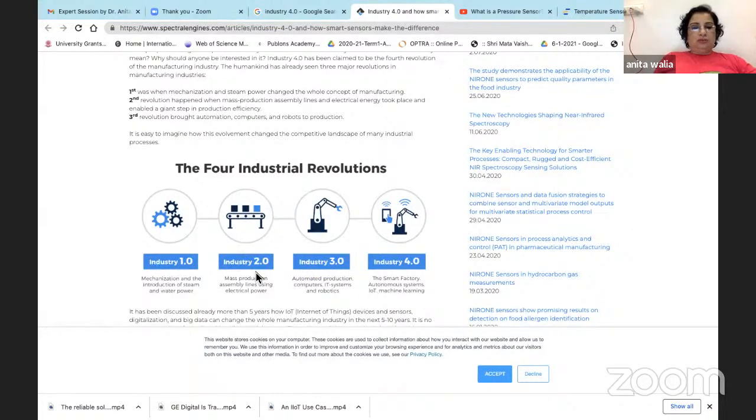The second industrial revolution happened in the mid 19th century, around 1850 or something like that. At that time, the factories moved to a certain kind of automation and to mass production on the assembly line.